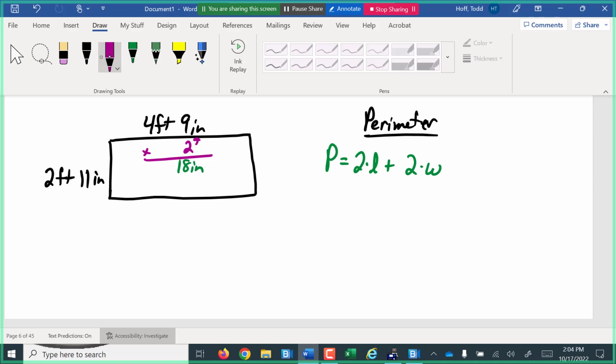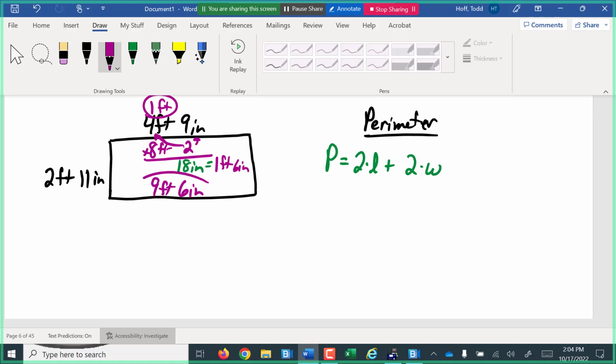How many feet is that? That's perfect. So we'll keep the 6 inches, carry the 1 foot. What's 2 times 4 feet? 8 feet. Plus the 1 we carried is 9 feet.